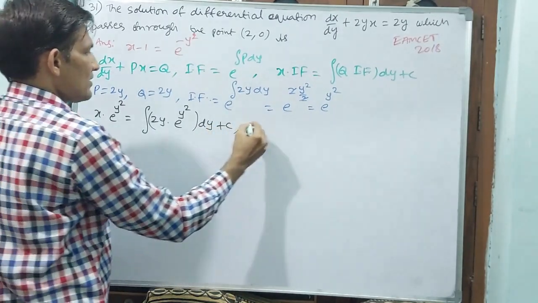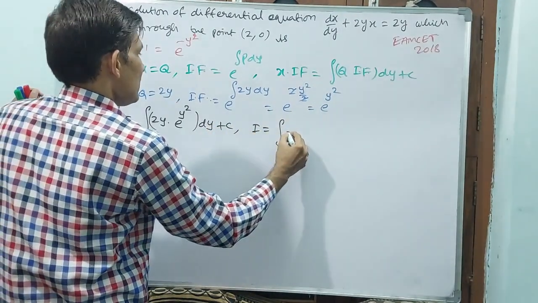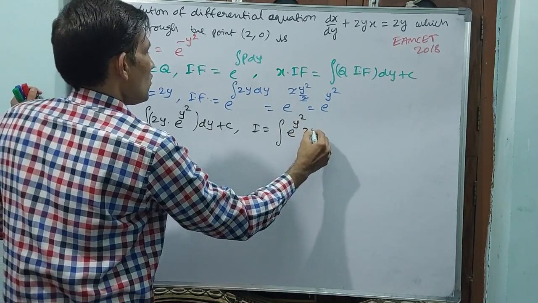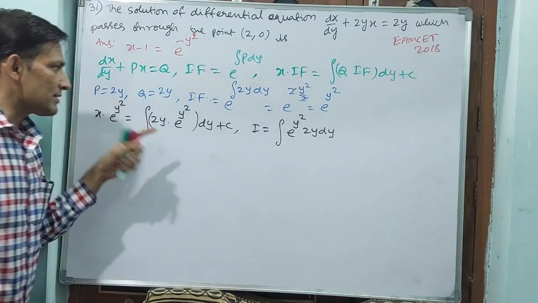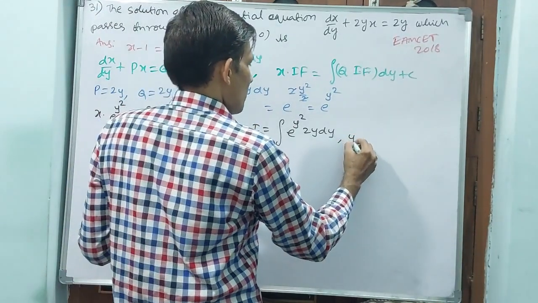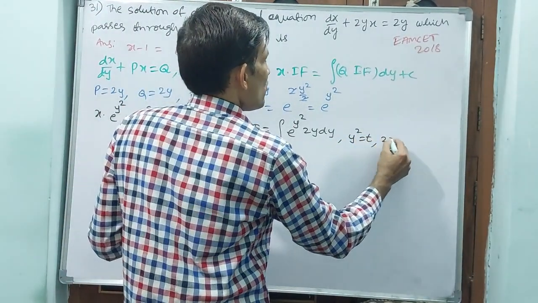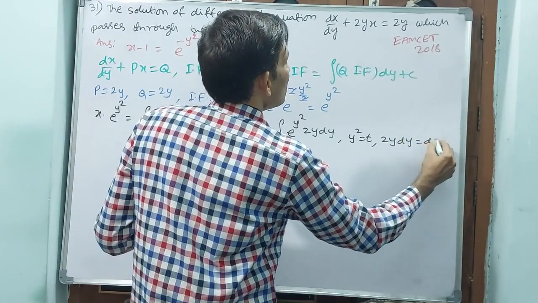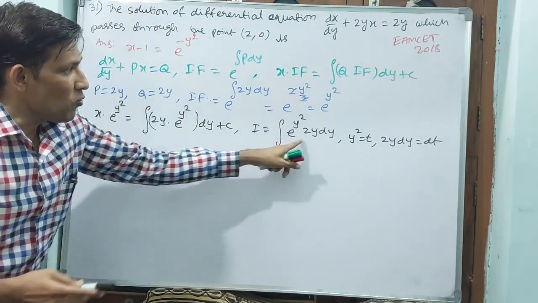See, I want to take this one. I is equal to integral e power y square 2y dy. Shall I write it like this? Why? Because y square I want to take as t. Now you see, y square I am taking t. 2y dy is equal to dt. Okay? 2y dy is there.